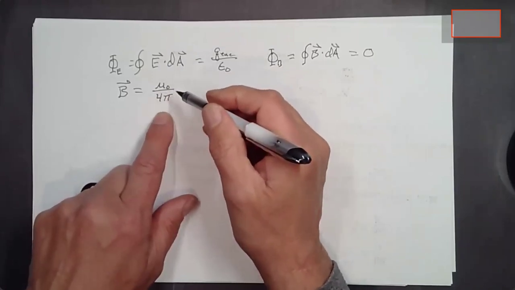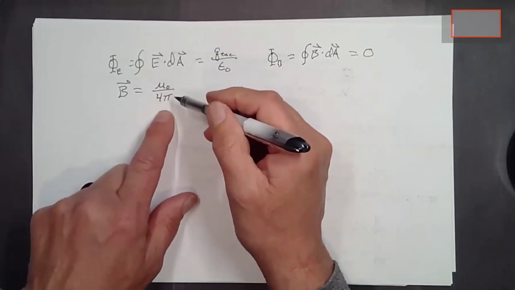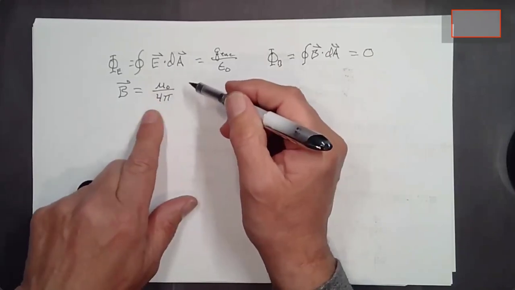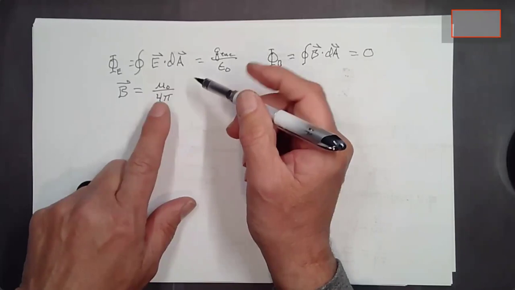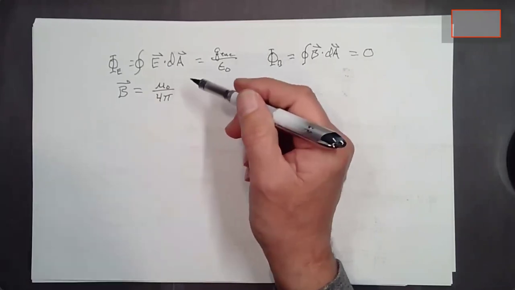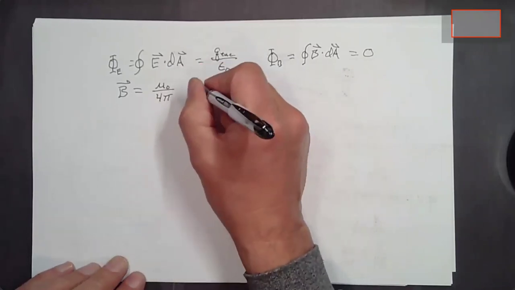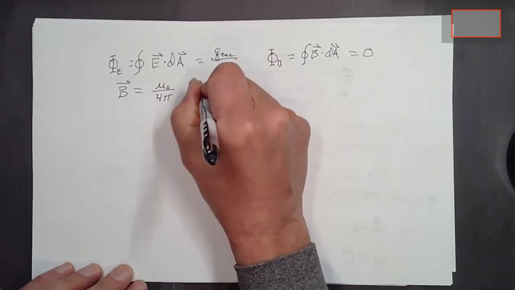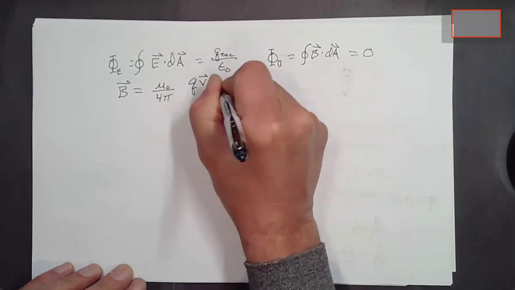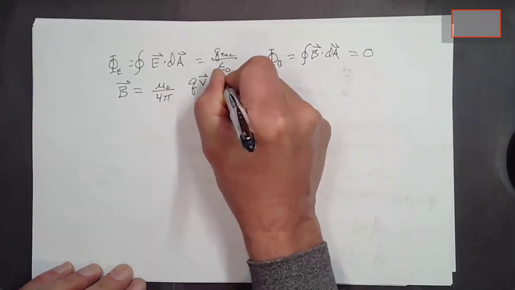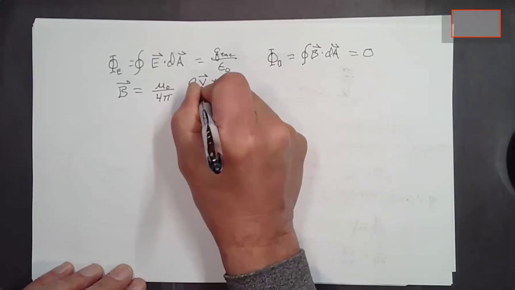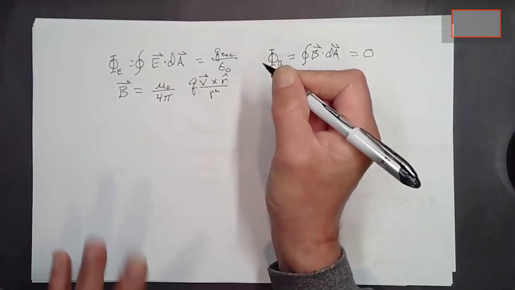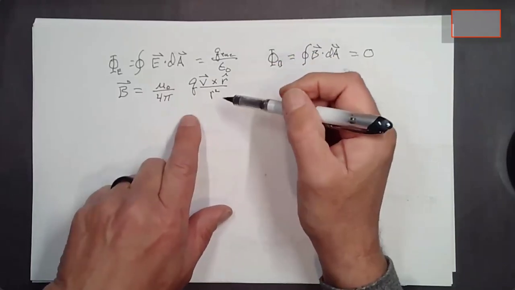Mu naught is a fundamental constant of nature, and it shows up with magnetism, but also electromagnetic waves. Then we would have q v cross r hat, where r hat is a unit vector since it's got a hat, divided by r squared. Now, this is kind of weird, but let's go through it part by part.